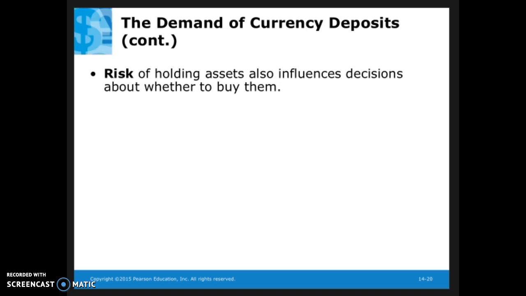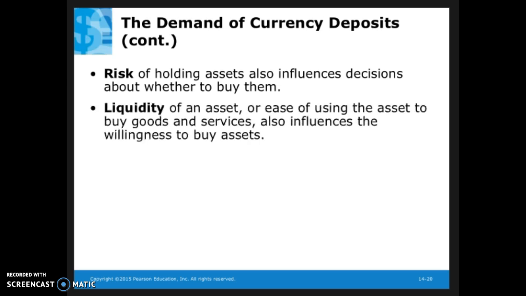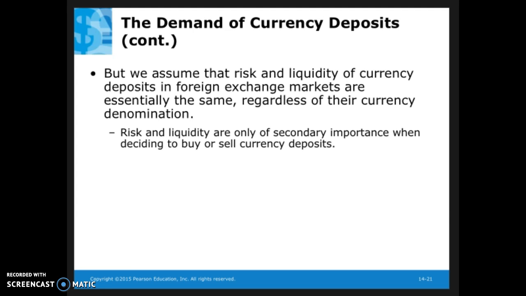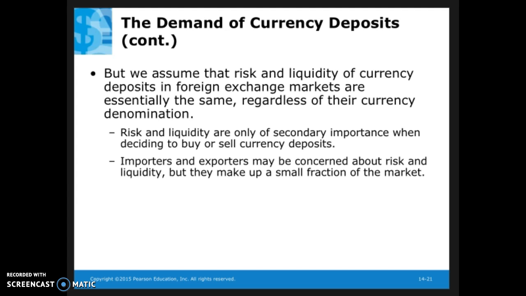Risk is another influence. Liquidity is the ease of using the asset to buy goods or services. But in foreign exchange markets, we assume risk and liquidity are essentially the same, regardless of the denomination. They're only of secondary importance.